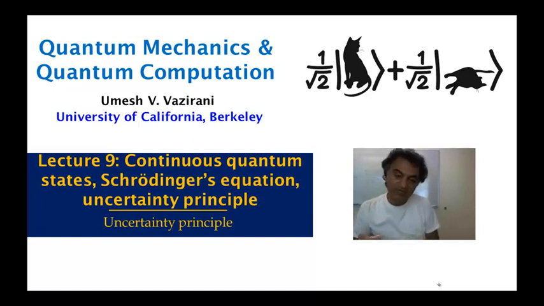One more comment, which is that for continuous quantum systems, the math gets much more difficult. I'll try to sweep much of it under the rug, even in the next lecture. But of course, a little bit of it is essential to describe these results more precisely. Much of this and the next lecture are for your background, for your understanding of the subject, to understand how what we are doing with discrete systems corresponds to continuous systems.